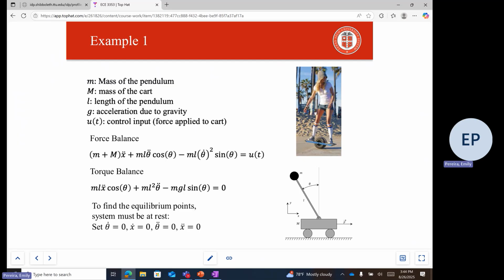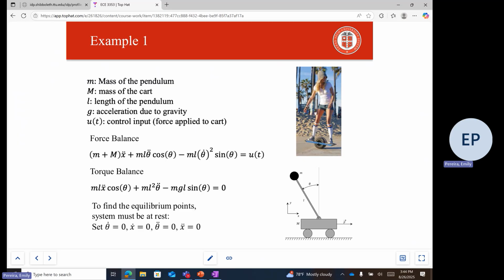Okay, and so in order to find the equilibrium points, we have to first set the system at rest. So we have to set the angular velocity to be 0, the position of the cart to be 0, the angular acceleration of the person on the one wheel to be 0, and the acceleration of the cart to be 0.